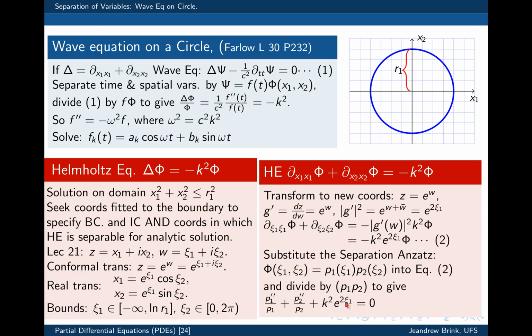Here you can see that this part is dependent only on c1, this part is dependent on c1, and this part is only dependent on the independent variable c2. So there we're going to make our second separation. Let's write that out.